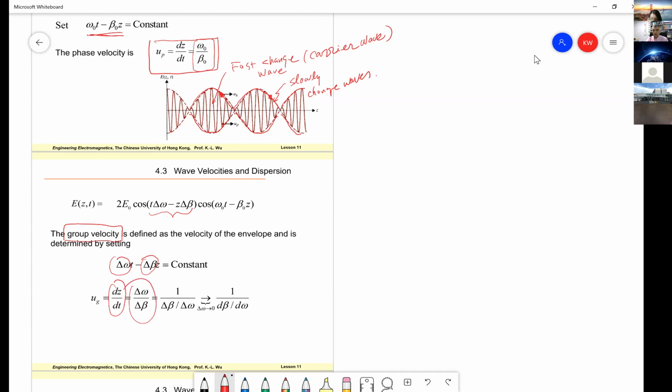Once delta omega approaches 0, this equals 1 over d beta divided by d omega.